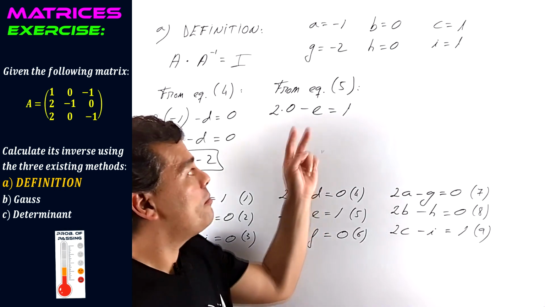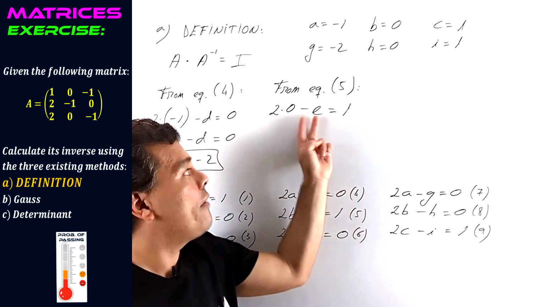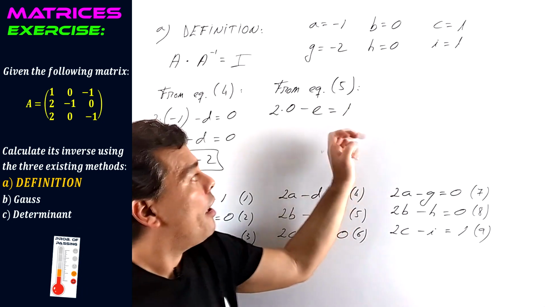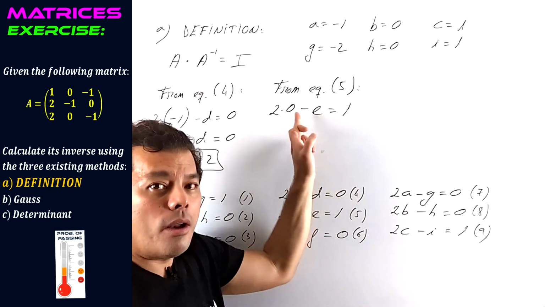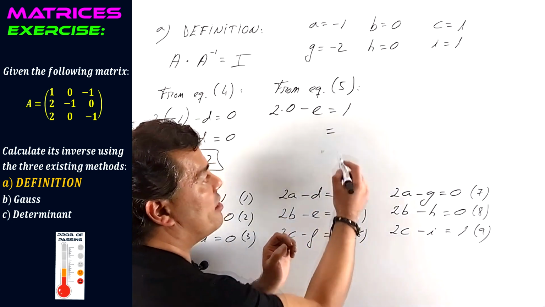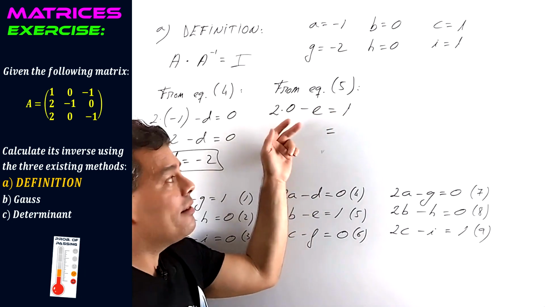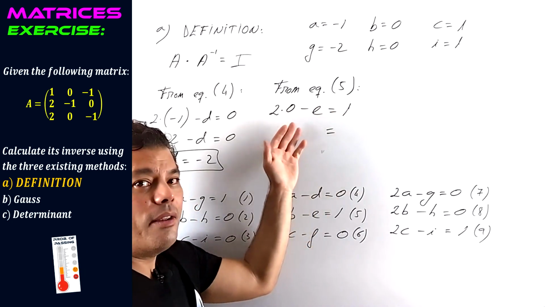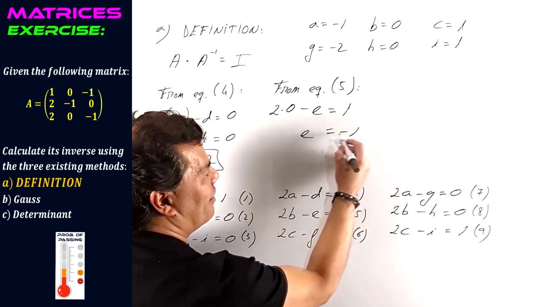I also want you to imagine variable E flying to the right in the form of positive E, and this one flying to the left in the form of negative 1, where you can see that E equals negative 1, 0 minus 1 is negative 1. E equals negative 1.